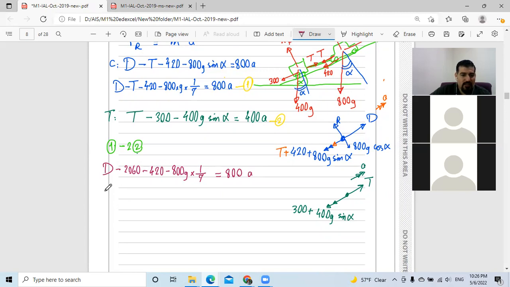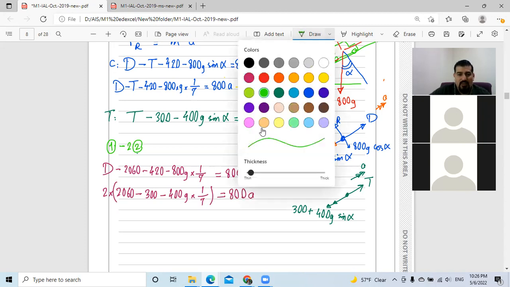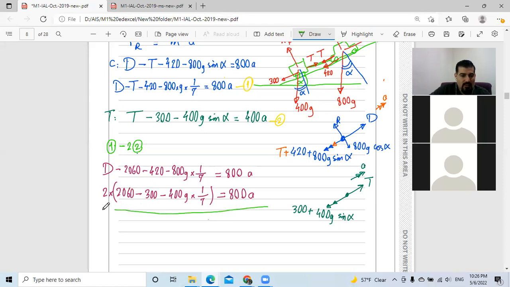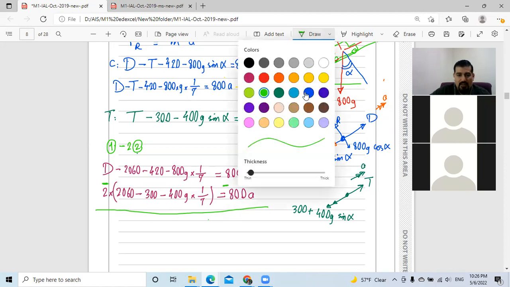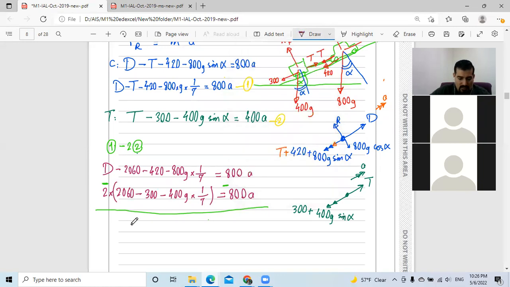The second equation, I'll write 2 times 2060 minus 300 minus 400 g times 1/7 equal 800a. Then I will subtract these equations, so this will be negative and all of this will be negative. They cancel out each other. So finally, D, by using the calculator, will be 6,000 Newton.